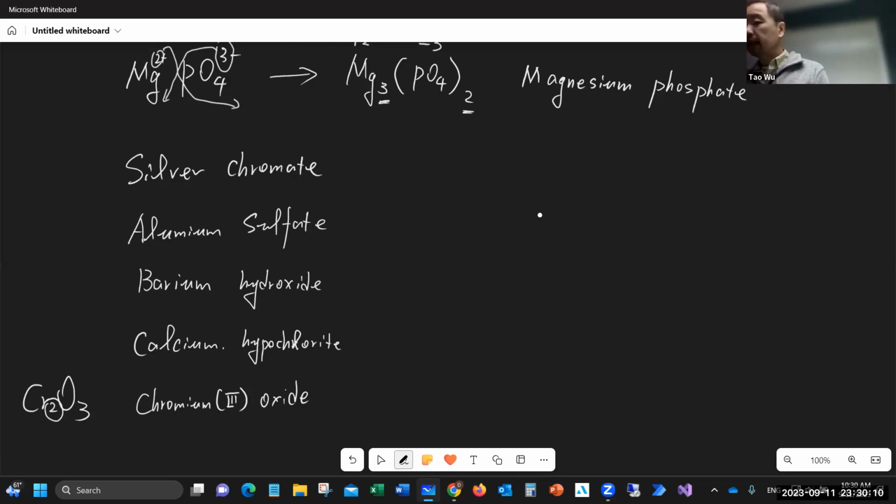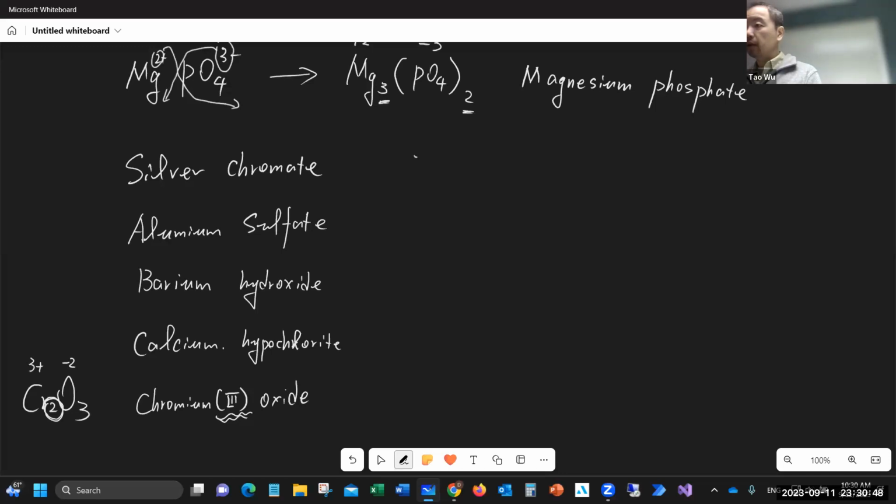No. Again, the number shown there is talking about the charge, not how many chromiums they have in this compound. This chromium has 3 positive charge, oxygen has 2 negative charge, so this is chromium 3 instead of chromium 2. The number 3 over here is the charge, not how many are underneath the chromium.